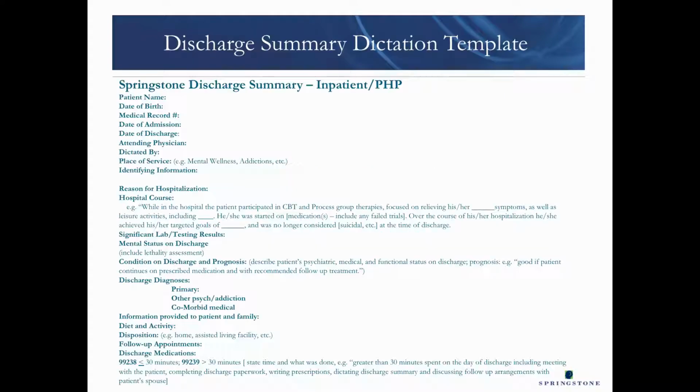This is just to give you an idea of the specificity required on the discharge summary, and this is on the dictation template, as well as there is a form that could be handwritten that includes all of this. So we ask that you very closely follow this in order to meet all of the detailed requirements on it.